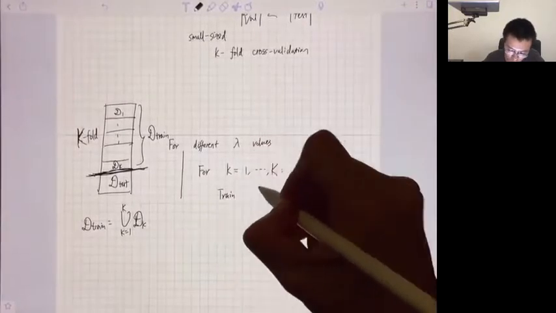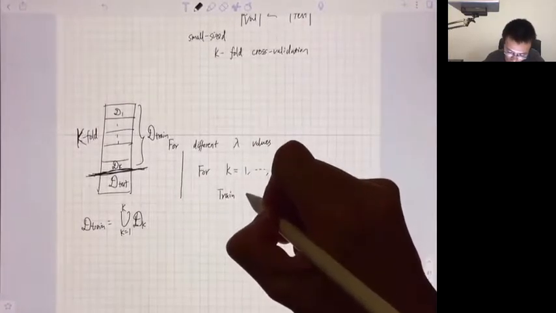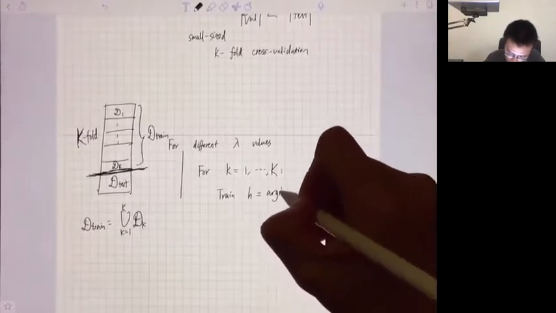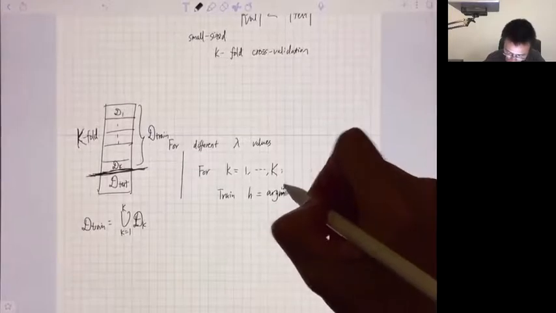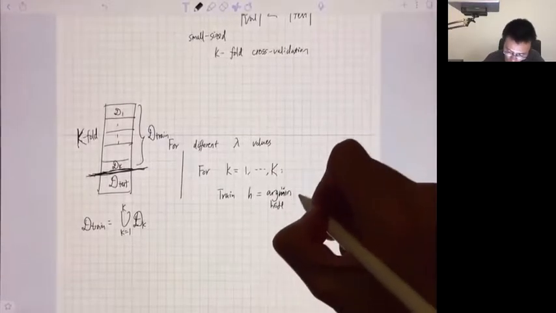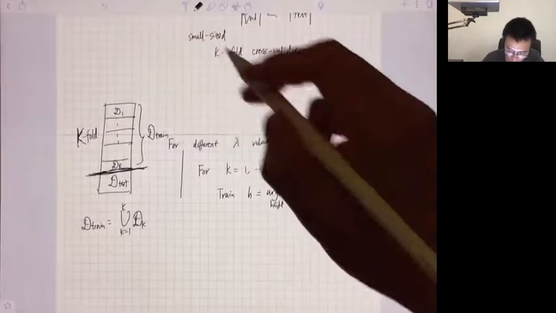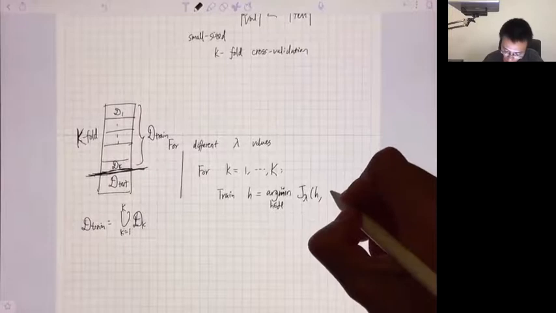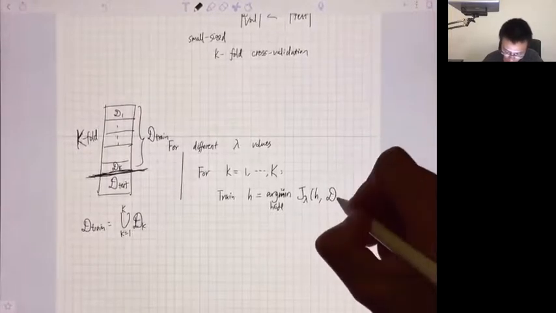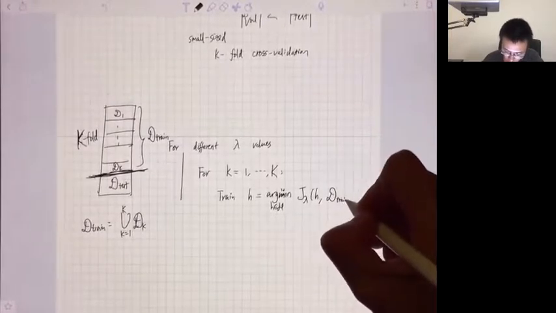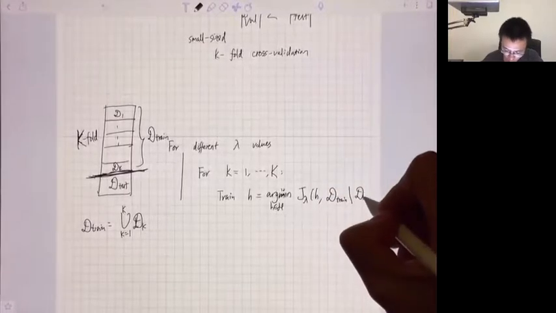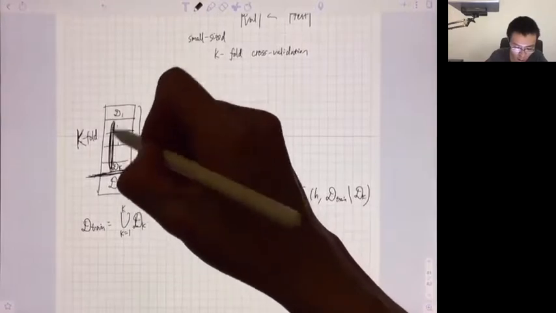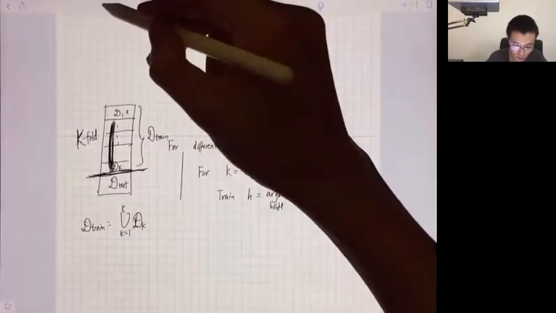Train my model, h in my hypothesis class, by J of lambda and h, on D train except D_k. So first I train my model on D2 up to DK and I evaluate it on D1.